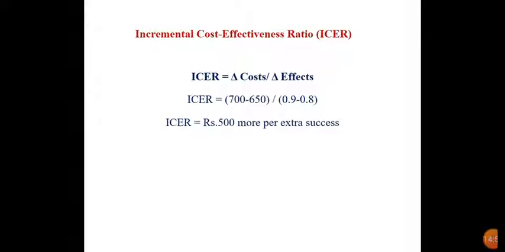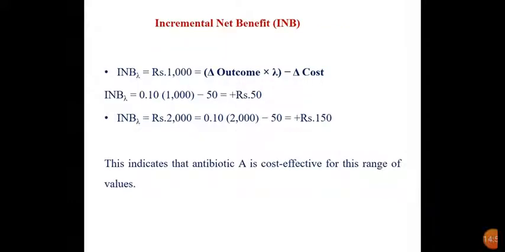The next concept is the incremental net benefit analysis calculation. Lambda is what we obtained from the willingness to pay analysis. When lambda is equal to 1000 rupees, what would be the incremental net benefit?